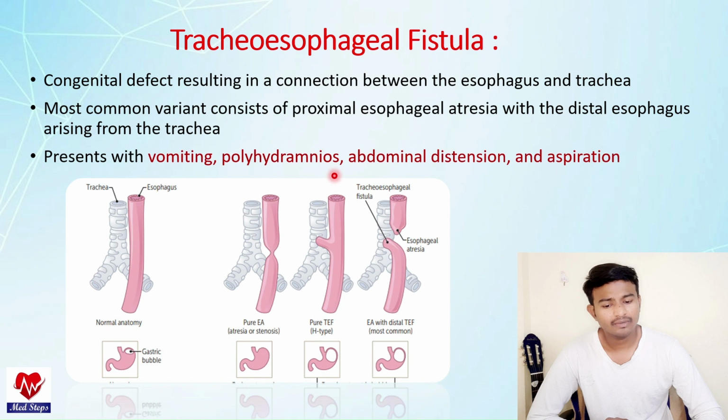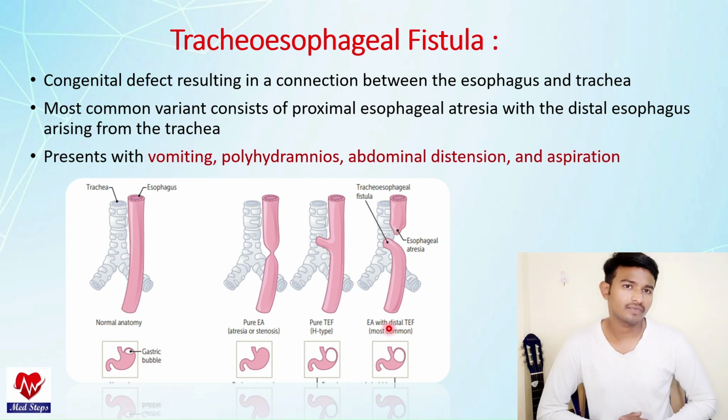In this defect, what will happen? After food passes into the esophagus, the food will enter the trachea. Because of this malformation, you will get an aspiration problem. Next, this is the most common.